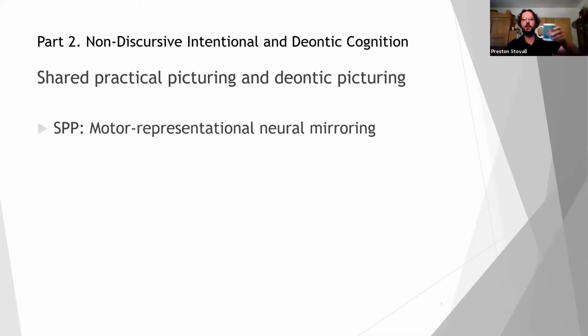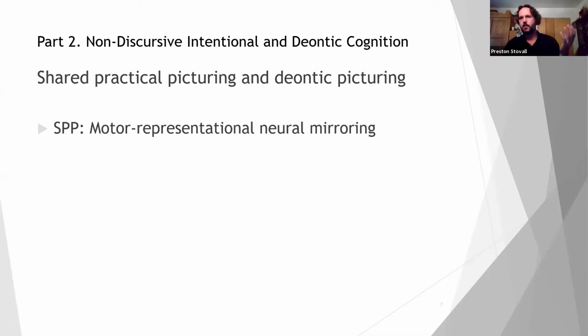When I move a cup up to a countertop and you watch me, there's a part of your motor representational complex that is planning, from your perspective, to do what I'm doing as if you were me. So it's not just that you're representing what I'm doing from your point of view, you're actually engaging your practical faculties in ways that would be appropriate if you were the one doing it.